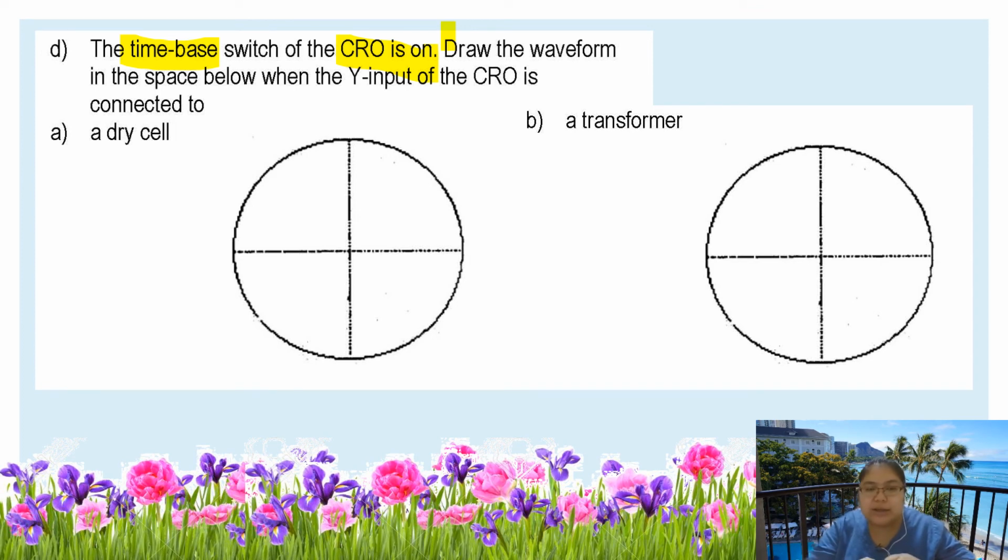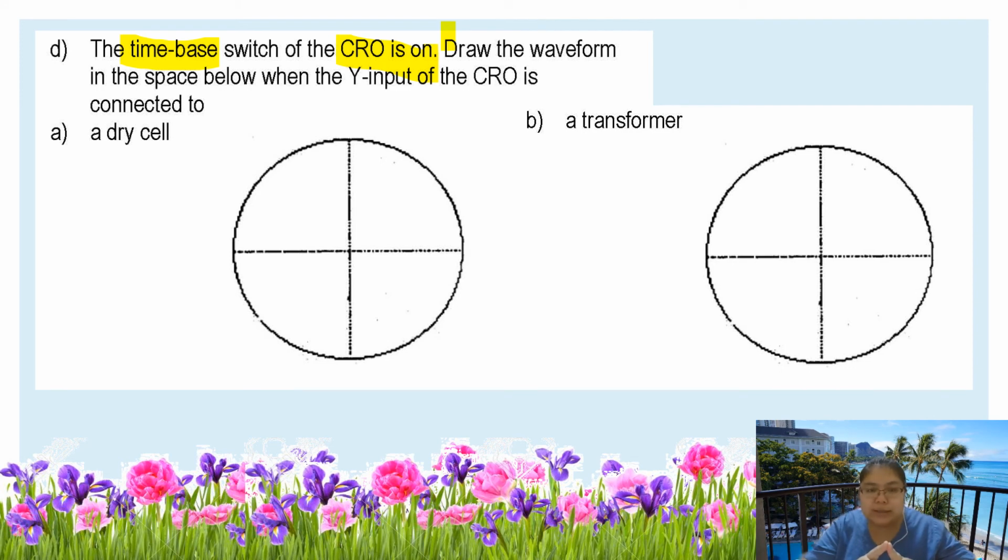A dry cell gives direct current, which means the voltage must be constant. Assume the dry cell is 1.5 volt. Then the dot goes up 1.5. If the time base is off, there should be just one dot.